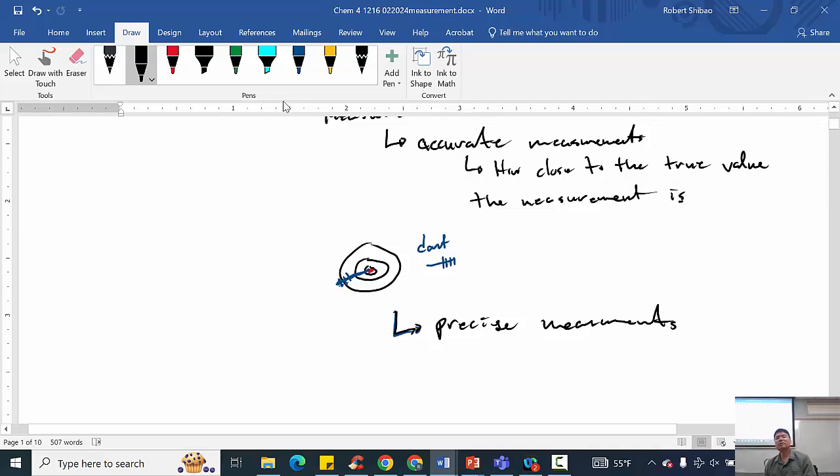When we're dealing with accurate measurements, we have to make sure that the instrument is calibrated. One of the most important things here is calibration. Calibration is just simply making sure that the reading is correct.